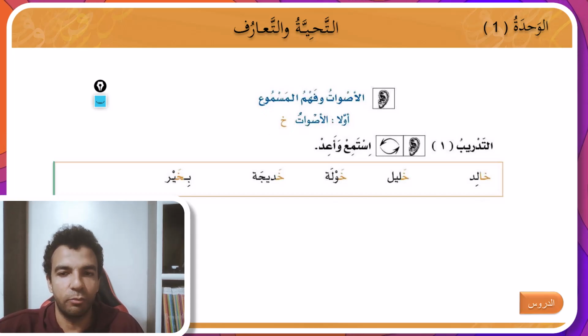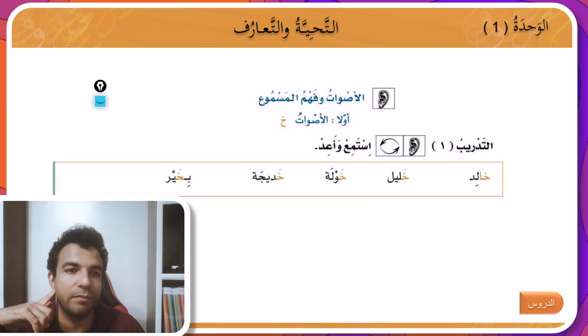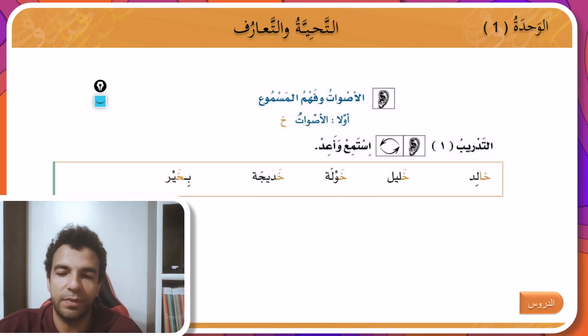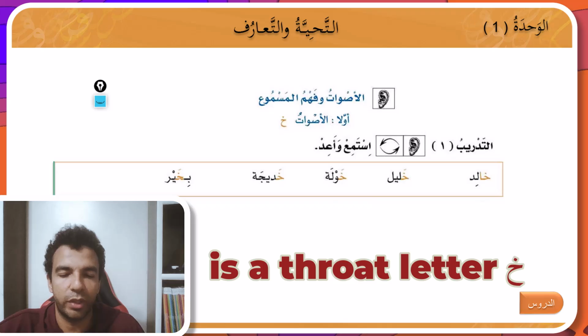Here is التدريب الأول. All you need to do is استمع وأعد. Before you hear me, I want you to know something important about that letter. The letter Kha is recognized as one of the throat letters, meaning this letter originates from the throat.